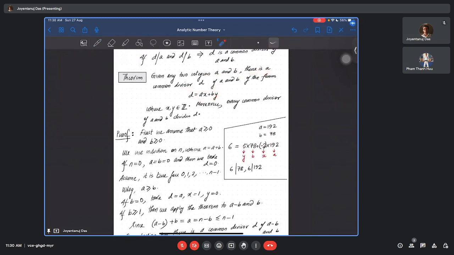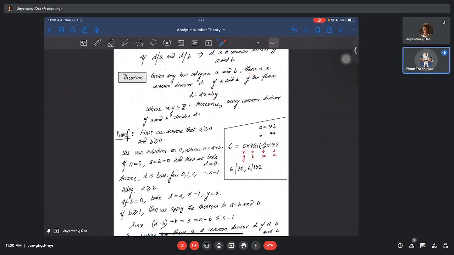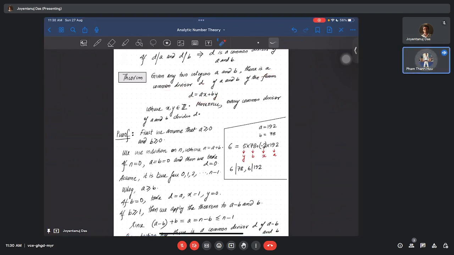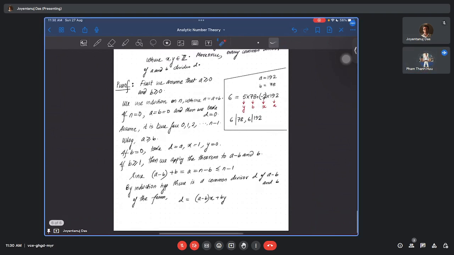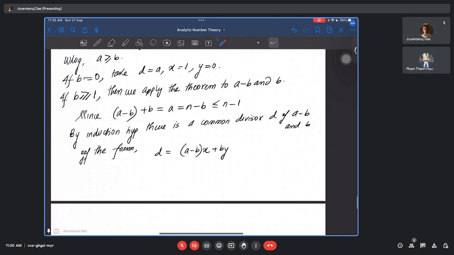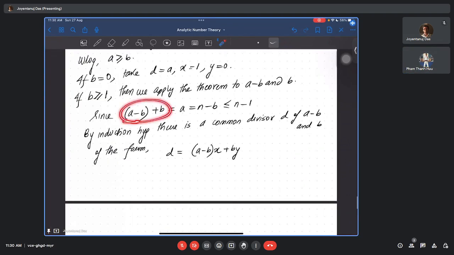That is what the statement says. So that's why we can apply induction on the lesser quantity. Since this sum is less than or equal to n minus 1, I know that there exists a common divisor D of A minus B and B such that I can express it like this, right?